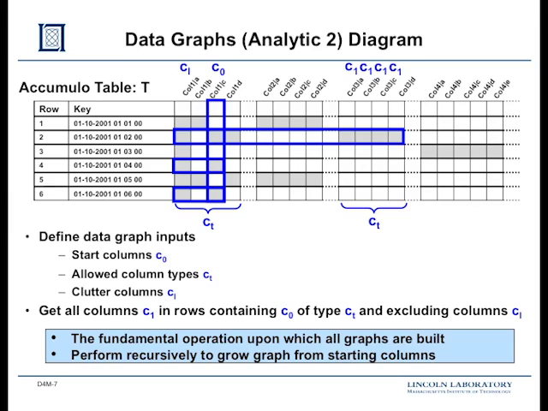The basic algorithm is that our result, called C1 here, is going to be all rows in C0 that are of type CT, excluding columns CL.